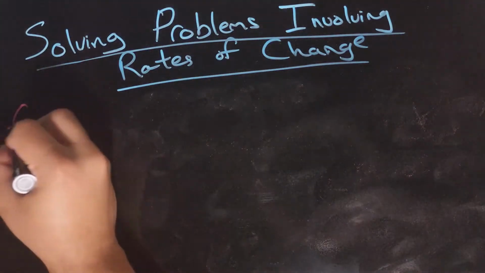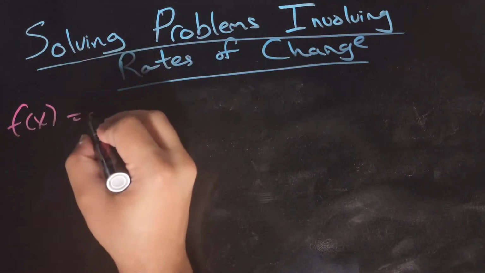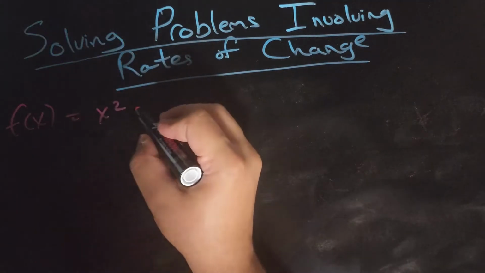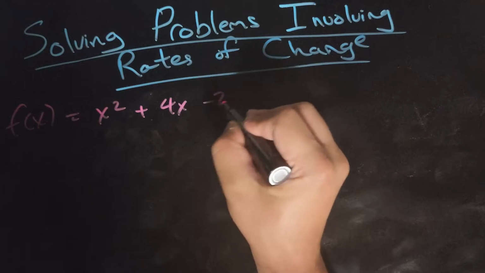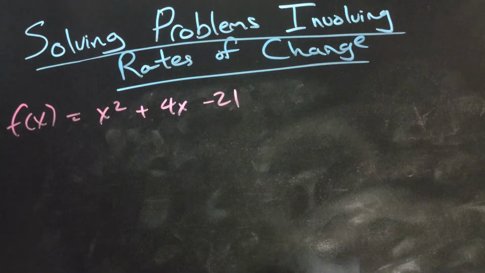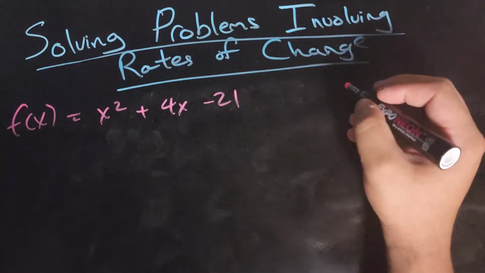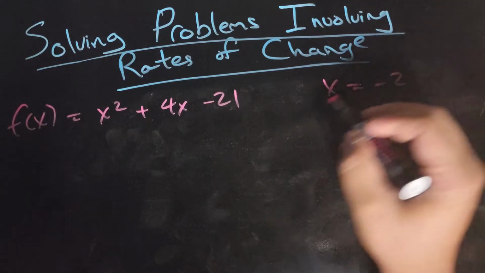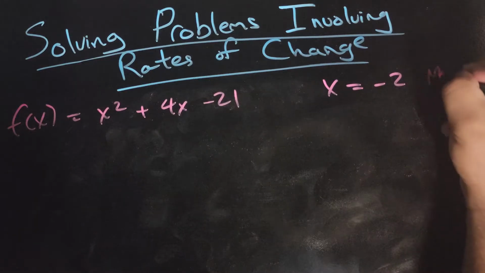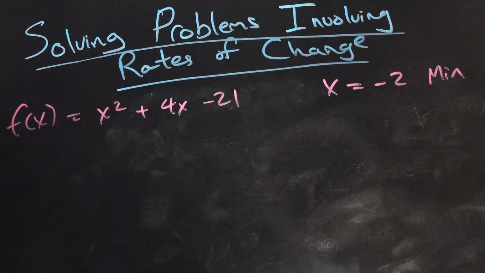So let's say we have f of x equal to x squared plus 4x minus 21. And we want to see, or prove, that at x equals negative 2, that's where the minimum point happens.